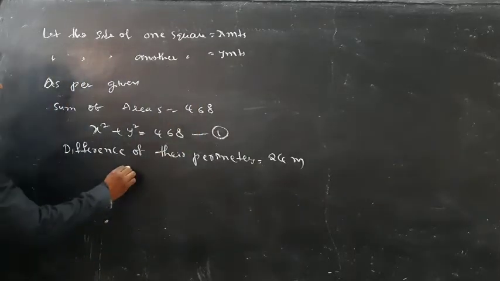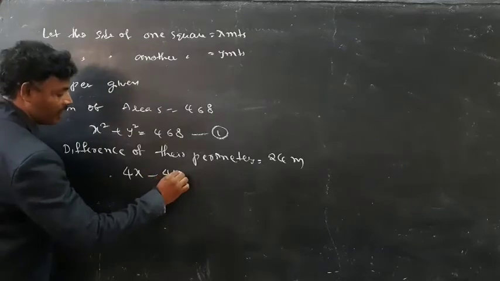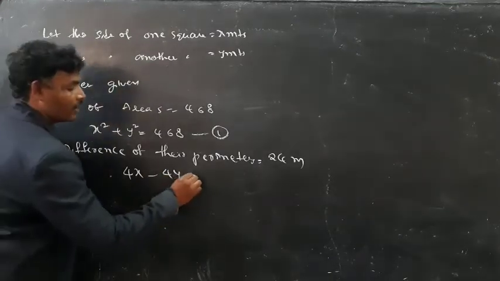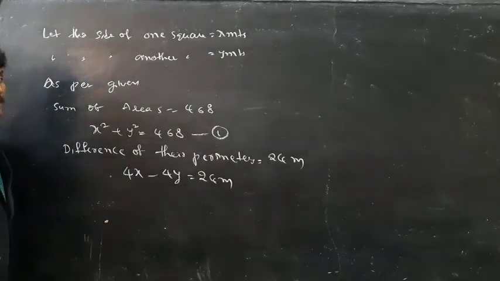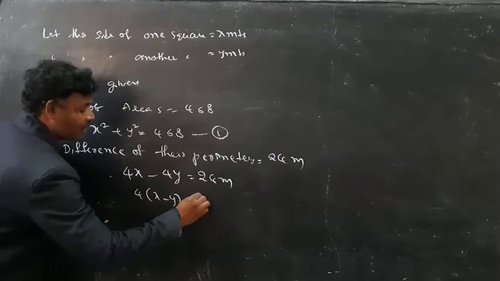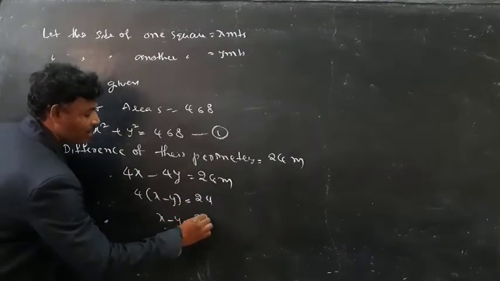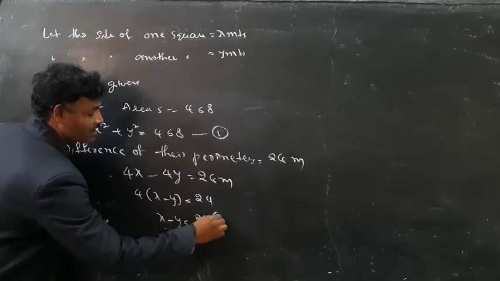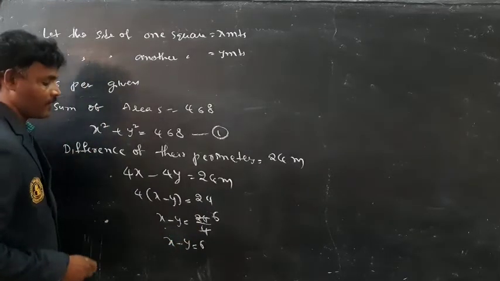It means the perimeter of one square is 4x and the perimeter of the other is 4y. So 4x minus 4y is equal to 24. Taking 4 as common, 4 into (x minus y) is equal to 24. Then x minus y is equal to 24 by 4, which is 6. So x minus y is equal to 6.